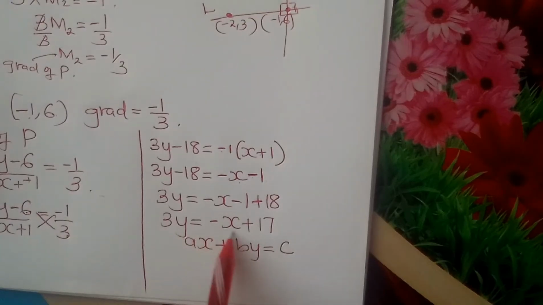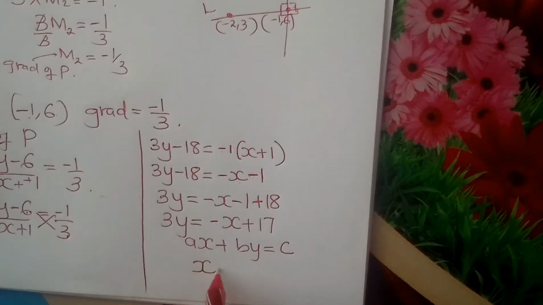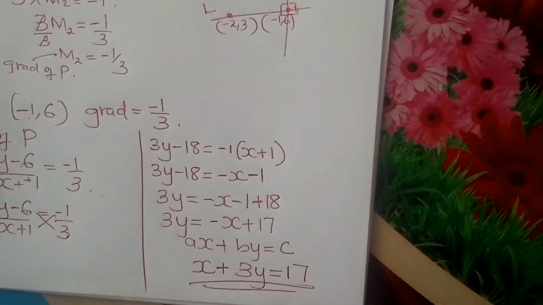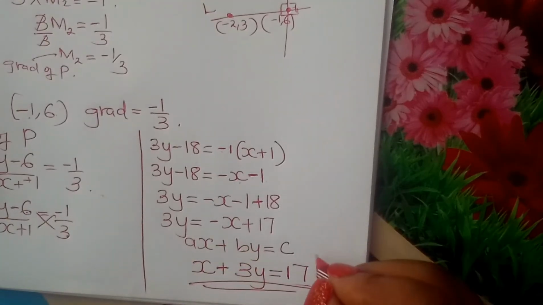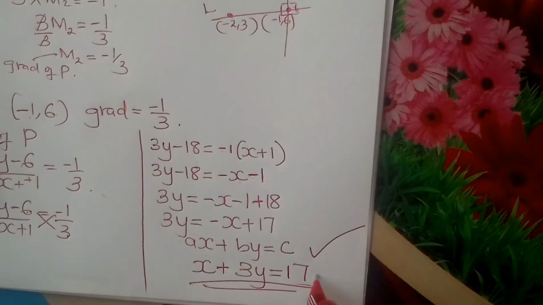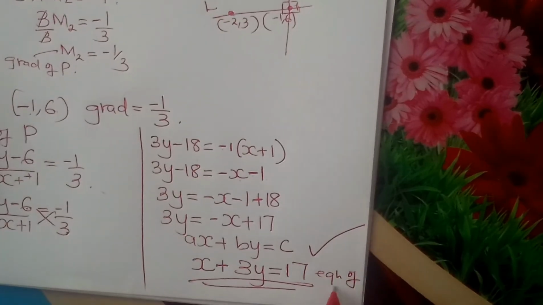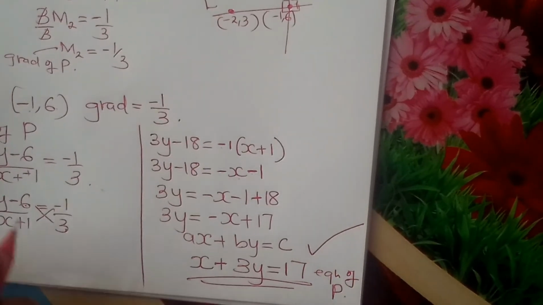So you take minus x to the other side, it becomes x, then followed by the one with y, which is 3y is equal to 17. So it is just a matter of arranging your terms this way. Good. And so this is the equation of line P.